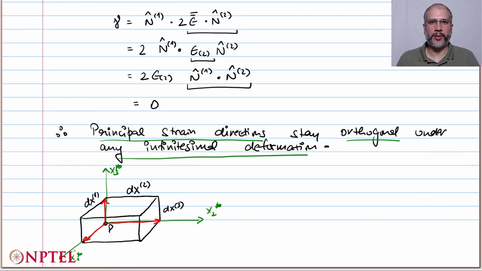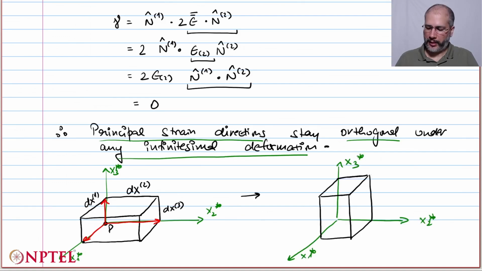dX2, and dX3. Now when the deformation happens, this may get deformed to this, where the lengths in the deformed configuration now are dx2 here, this is dx1, and this is dx3.